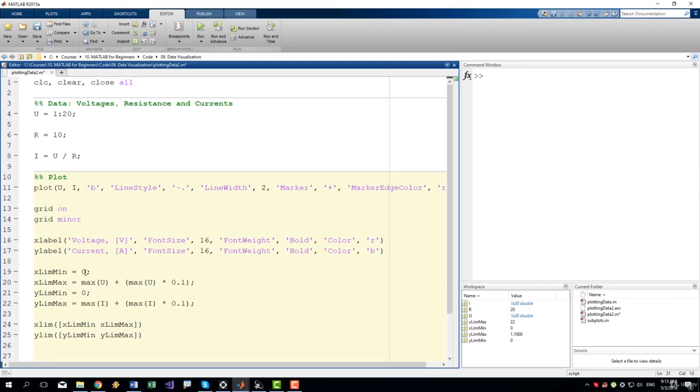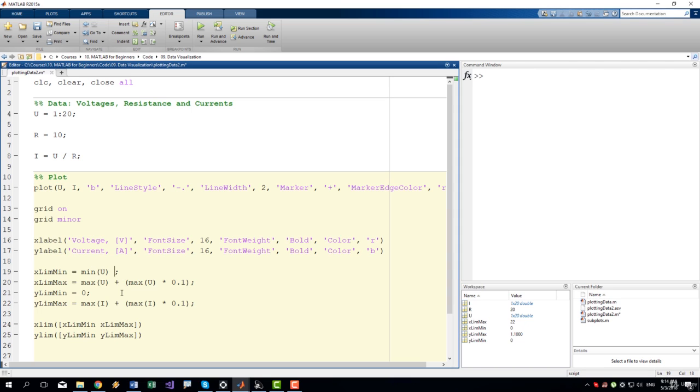Now, we can do the same thing for the minimum values, so that we can also automatically generate our minimum limits. To do this, we are going to use the following calculation. We are going to find the minimum value of our x limit, which is the minimum of u, and subtract from it 10% of our maximum value. So that way we will have the same excess boundaries on both sides.